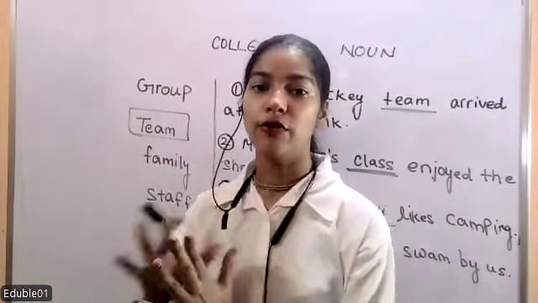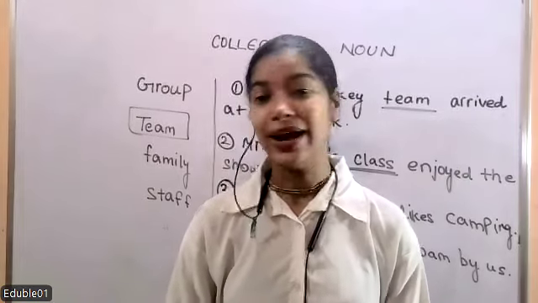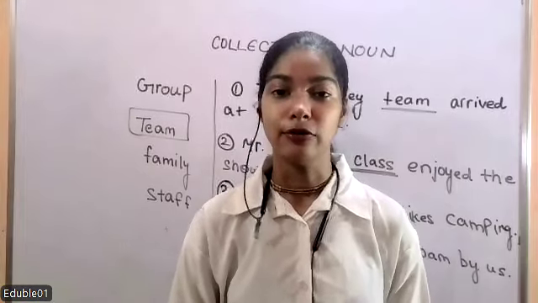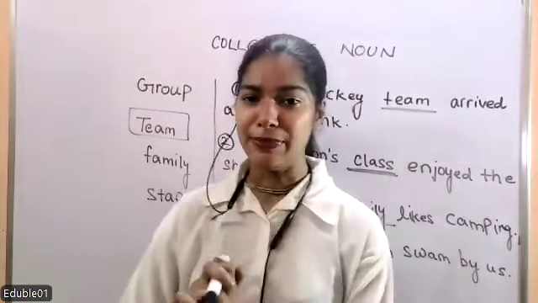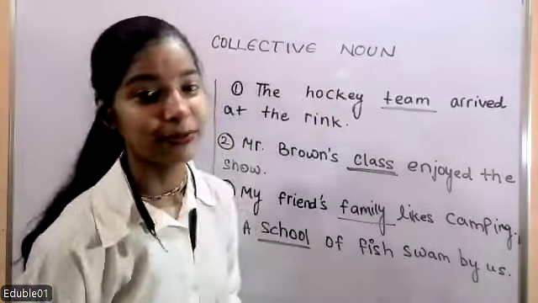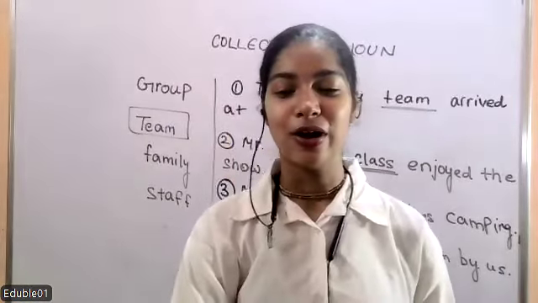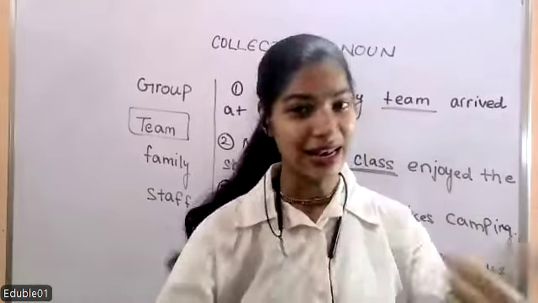A herd of sheep, herd is a collective noun. Why are these collective nouns? Because they are talking about a group of people, animals, or things, right? So whenever we are talking about a group of people, things, or animals, that is what we call a collective noun. Okay, so now let's move on to the next type of noun.